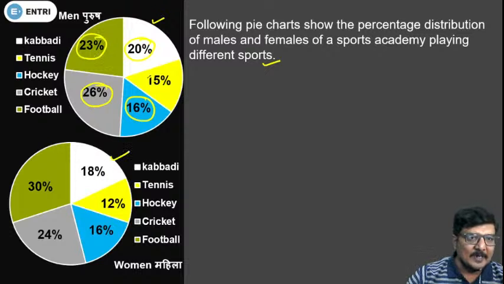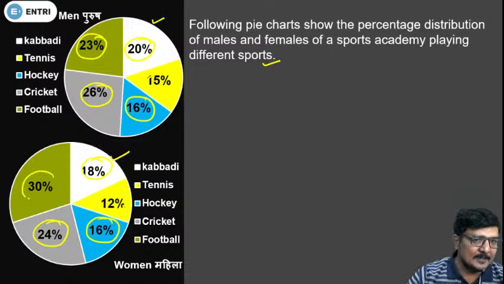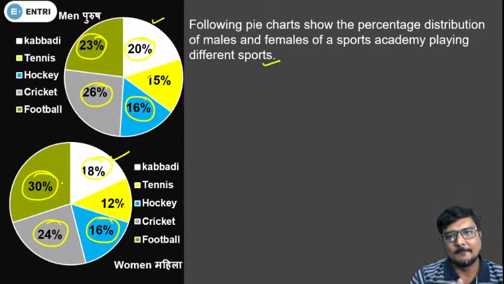This pie chart represents the distribution of females: 18% kabaddi, 12% tennis, 16% hockey, 24% cricket, and 30% football.